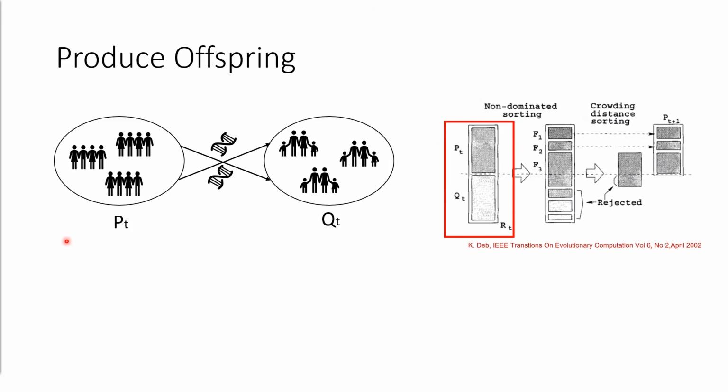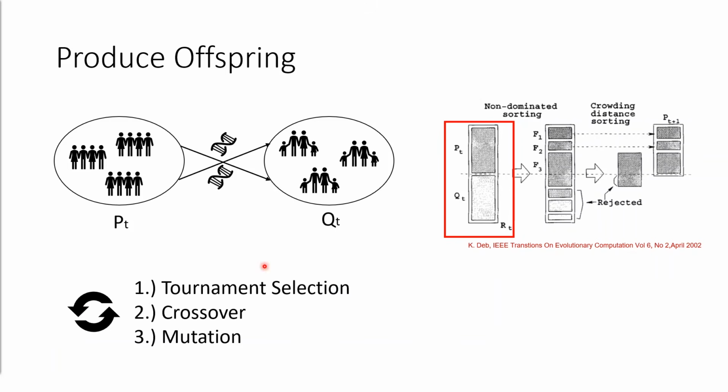When the sorting is done and the new population of the next generation is chosen, this population needs new offspring. Offspring is created iteratively with 3 steps. They are repeated until the offspring population Qt has the same size as the parent population Pt.